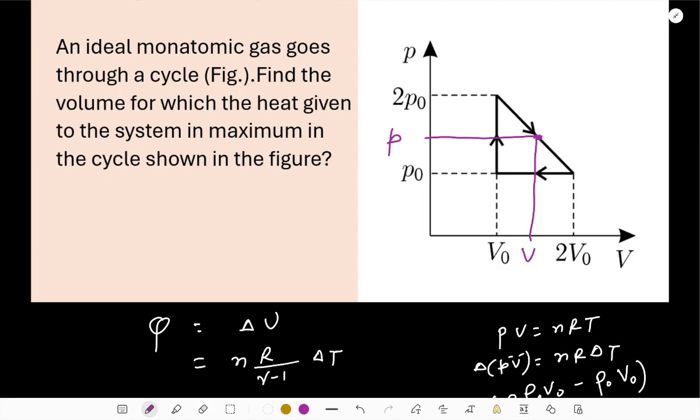I want an expression in terms of pressure and volume. So I have taken these points. These things are important, needed to work here.